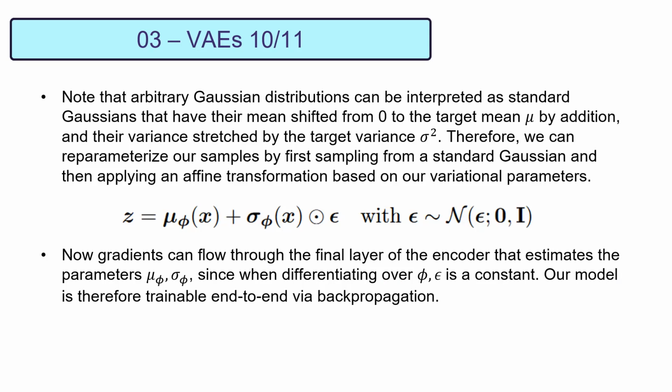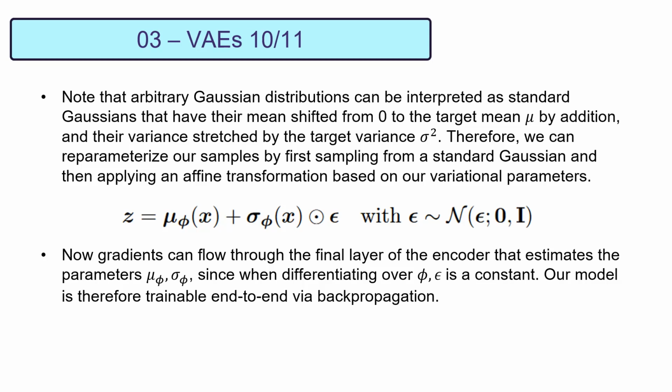Is it clear conceptually what's happening? Perfect. Now if I apply this trick, which is known as the reparametrization trick, I'm parameterizing my distribution as an affine transformation of the standard Gaussian. If I estimate mu phi and sigma phi, I can have gradients flowing, exactly as with a linear layer.